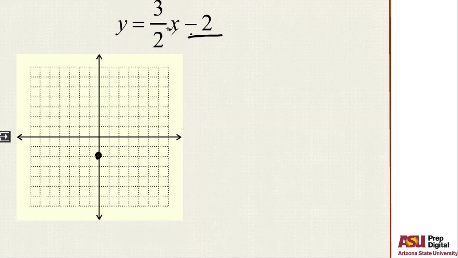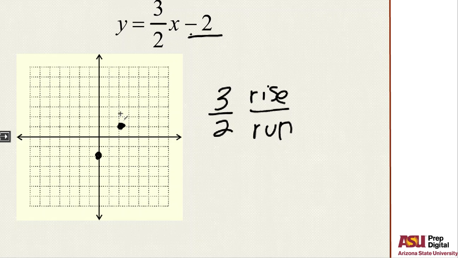So it is 3 over 2, so that means I'm going to go up 3 and over 2, so I count 1, 2, 3, and then over 2, 1, 2. Again, 1, 2, 3, and then over 2. And I could do the opposite, and then that gets me my graph.